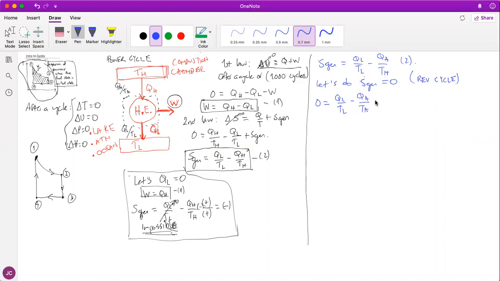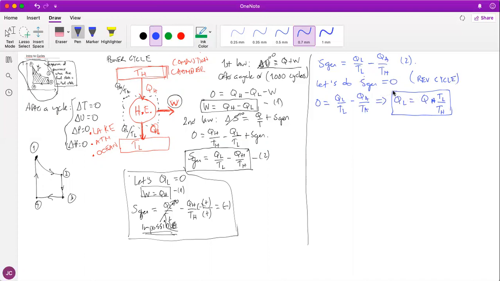So I'm gonna put QL in explicit form. So QL equals QH times TL divided by TH. This is just simply a consequence of using the second law when the entropy generation equals 0. That is, I'm forcing the best cycle ever possible, okay? This is what I'm trying to do.